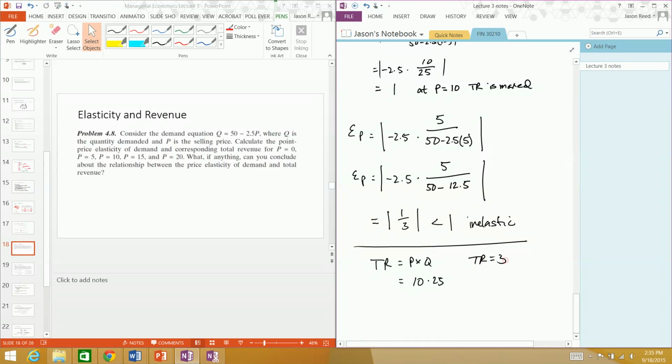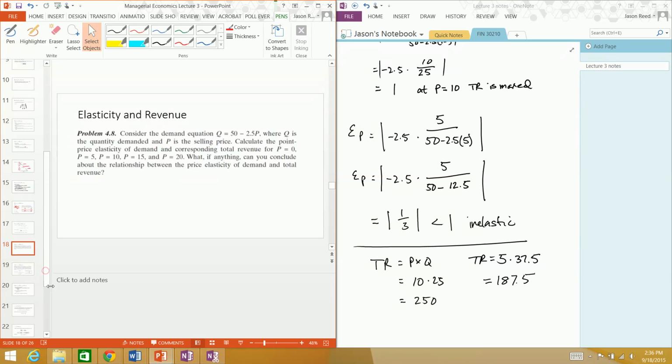When price was 5, quantity ended up being 37.5, and we have a value less than 250 with 37.5 times 5, which is 187.5. So we knew that total revenue would have to go down because of this.